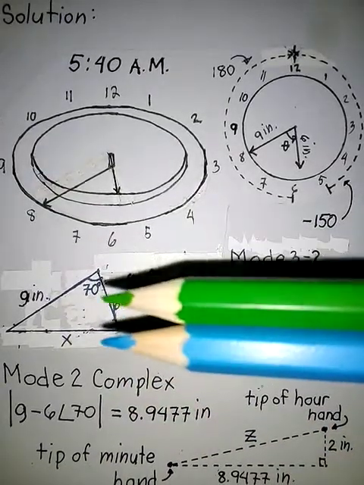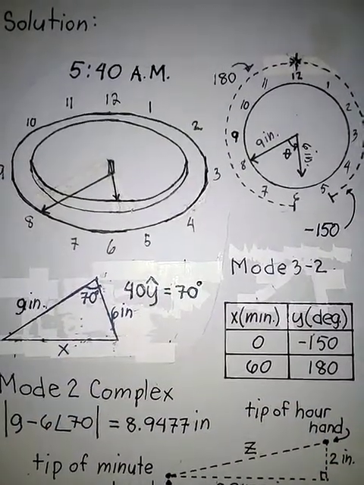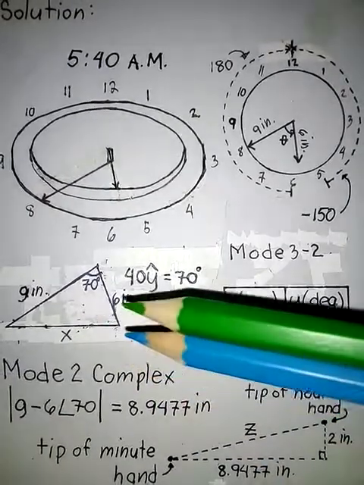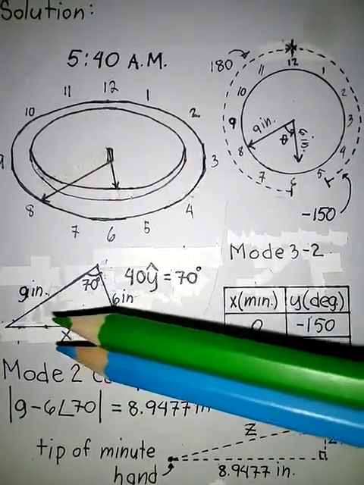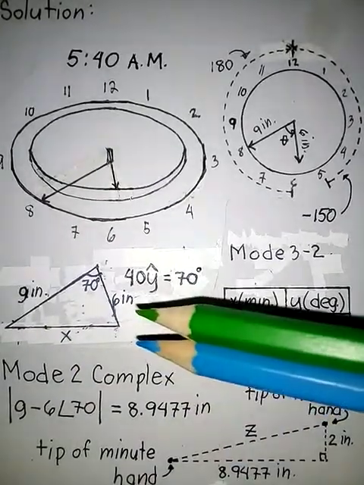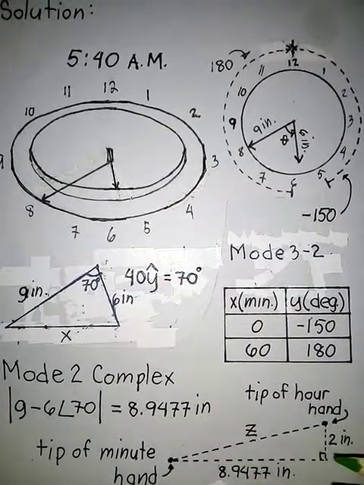So we are looking first for the value of x, the distance from the tip of the minute hand up to the tip of the hour hand, but in the same elevation.